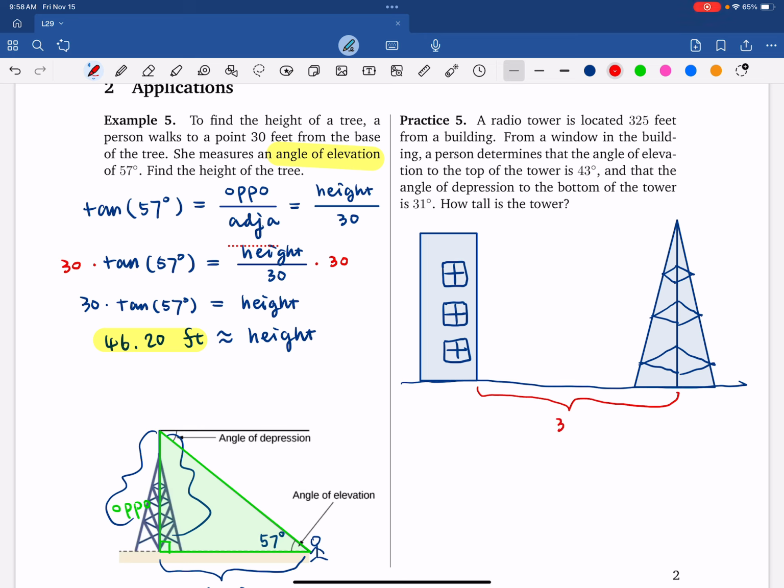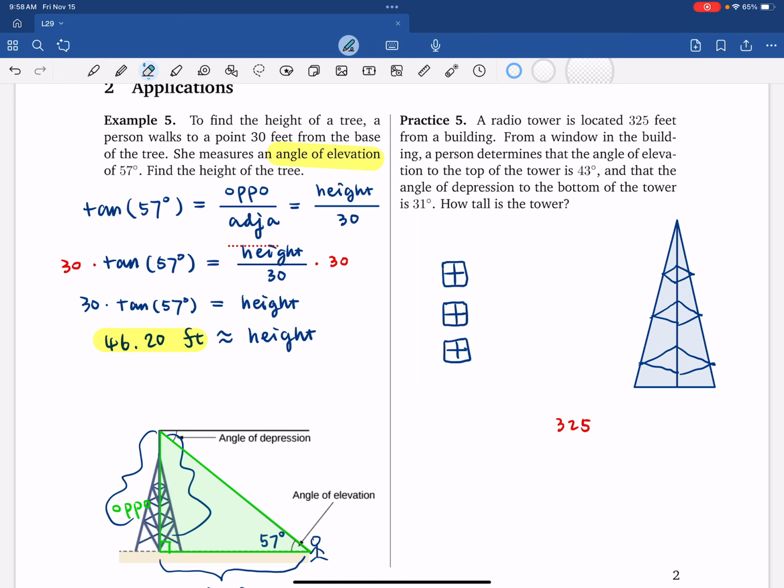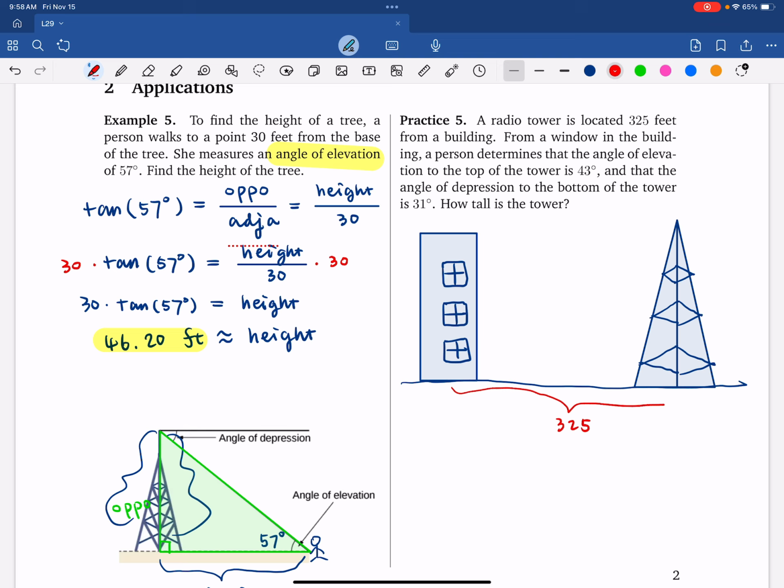So this is 325. Or you could use the center of the building. I don't really talk too much about how you define the distance, but usually I'm just going to say where I'm standing and the center of the tower in between. That's 325 feet. And let's say you are standing right here. That's where you are.